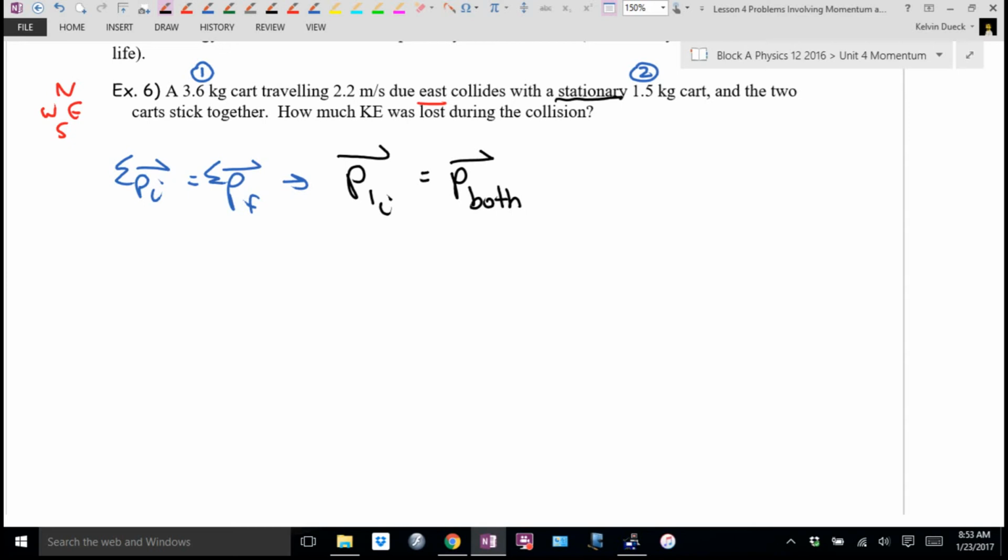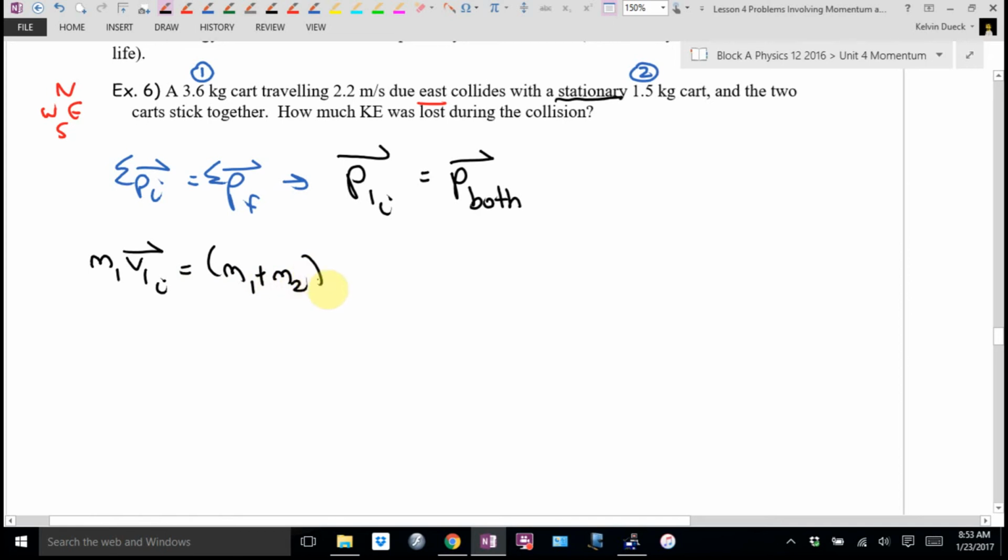I don't need to draw this tip to tail. Okay, that's a little nicer. I'm going to get this: mass 1, v1 initial, equals mass 1 plus mass 2, v final. I think the final velocity after the collision is going to be m1 v1 divided by m1 plus m2.